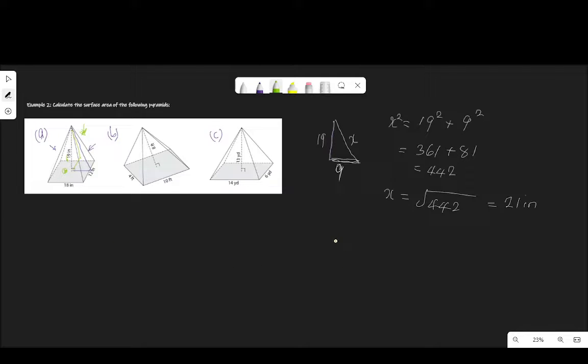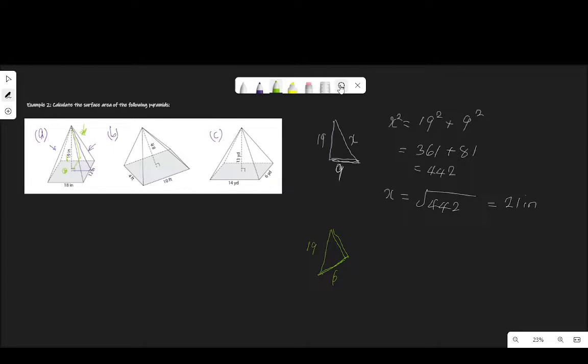With that, I will have something like this. The vertical height, which is 19 inches. Then this line going backward is half of 12 inches, half of the width of the base of the pyramid. The width of the base is 12 inches, and half of 12 inches is 6 inches. And this height here is what we're looking for.